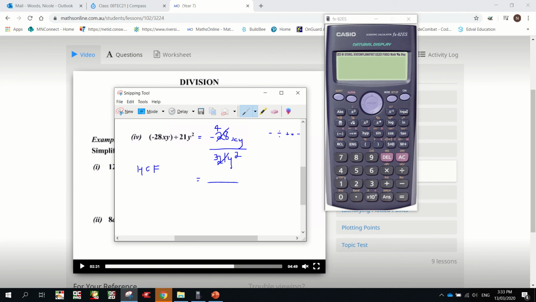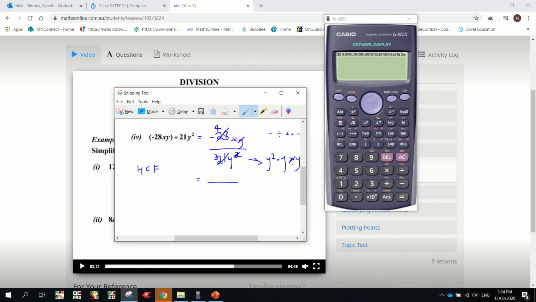I have a y here, and I have a y times another y here. Now, if I cross one of them out from the top, I can only cross one of them out from the bottom, so I'm going to get rid of this one. Okay, now just remember that y squared is the same as writing y times y.